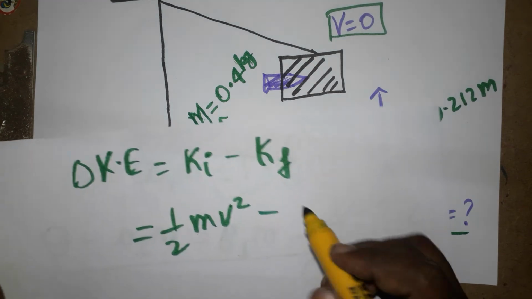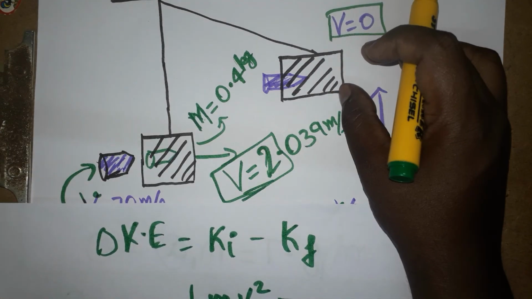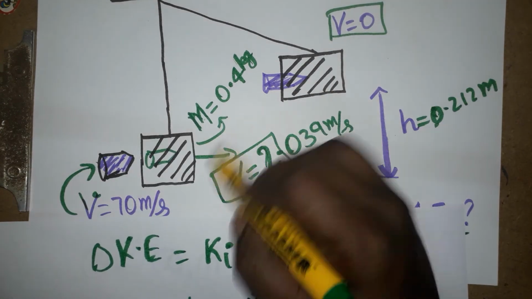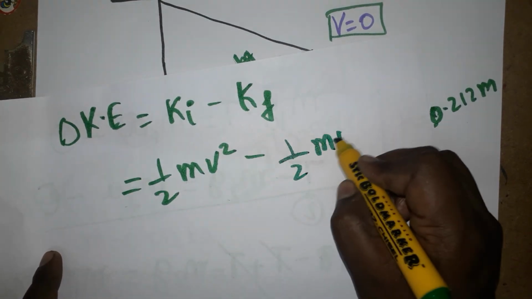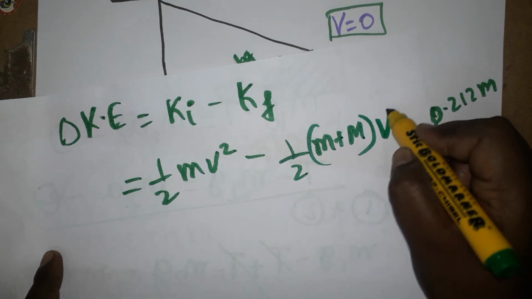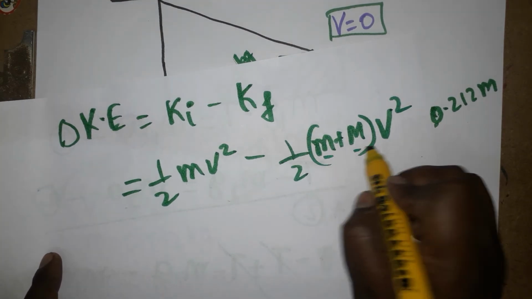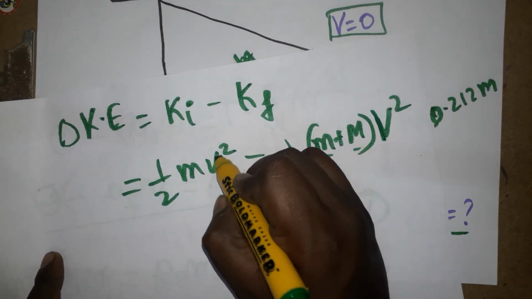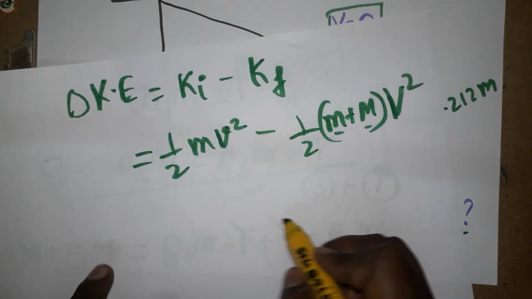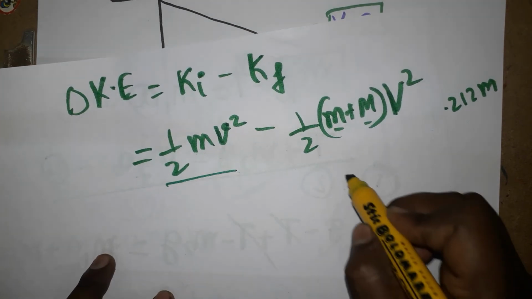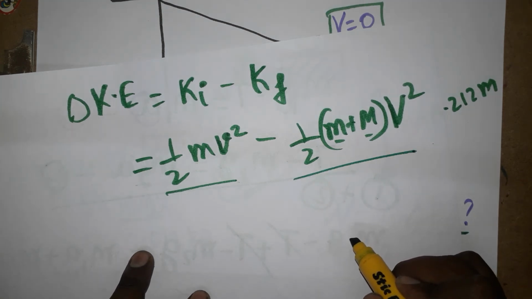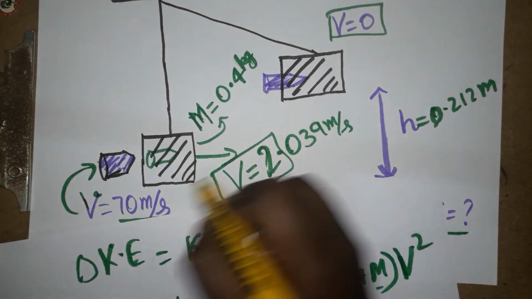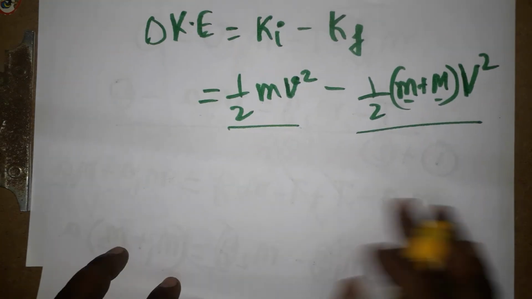Finally the bullet and block together have half of small m plus capital M into capital V square. Small v is the initial velocity of the bullet, and capital V is the velocity after collision with which the block and bullet move together. I hope you understand the difference. This change is the energy loss.